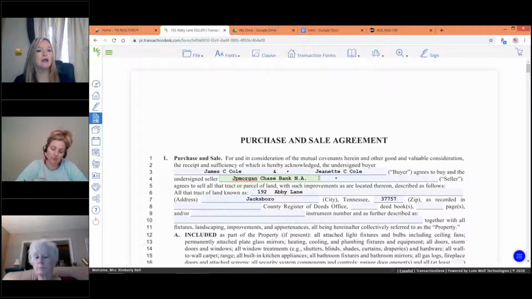So line 7 says the city and the zip as recorded in the County Register of Deeds office. So the way that you're going to find this information is, one, Jacksboro is in Campbell County. So you're going to put Campbell County on line 8.